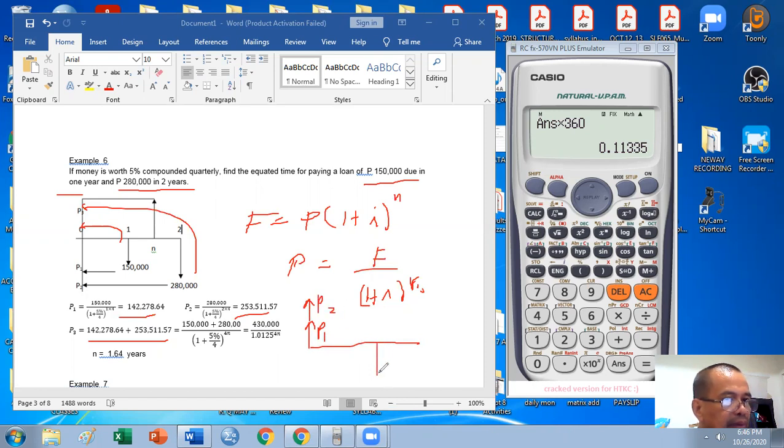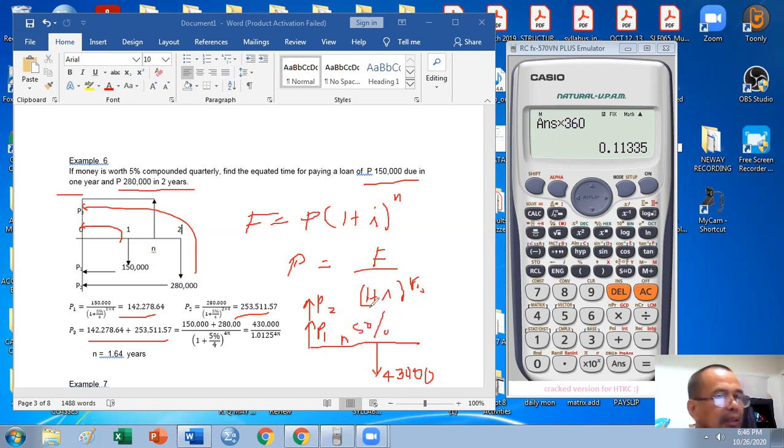Pag inadd mo na to, ito yung future which is what? 430,000. Yan, 430,000. Ano yung n na to? With an interest period of the same, which is 5%.